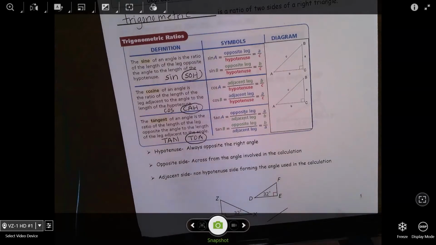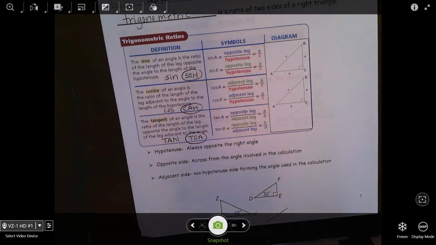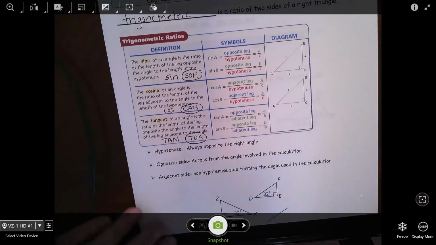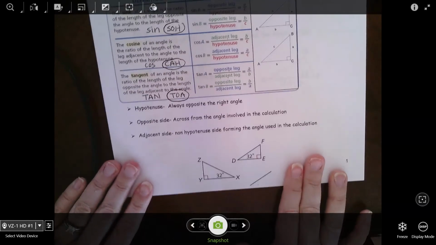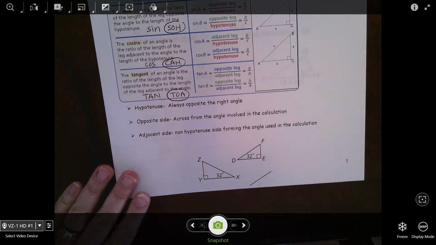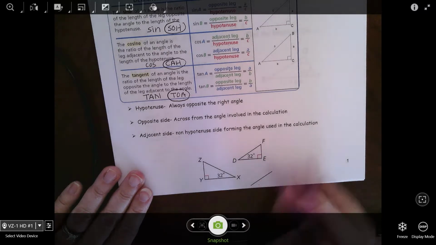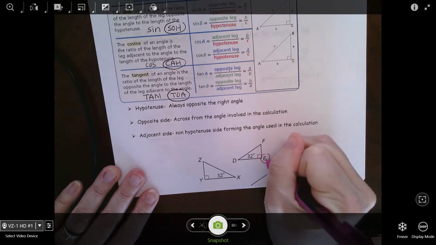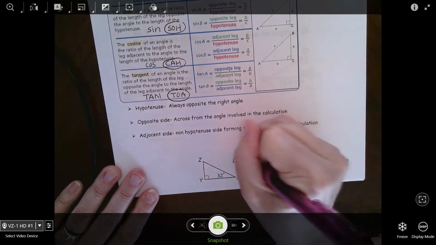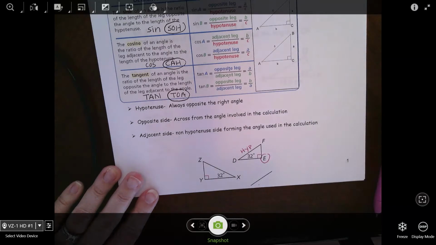Okay, so now just to spend some time, it's really important that you know which leg is which. Again, you have the hypotenuse, which is never going to change. That's always opposite the right angle. So if we start with this triangle right here, we have triangle FED. Let's find that right angle, the right angle E. So you go across from that. This is always my hypotenuse.